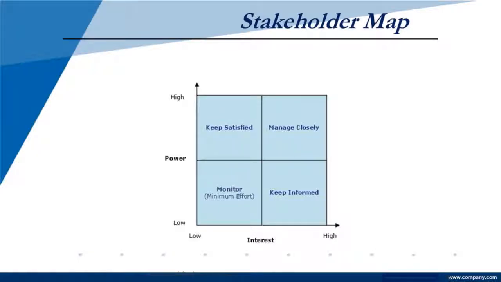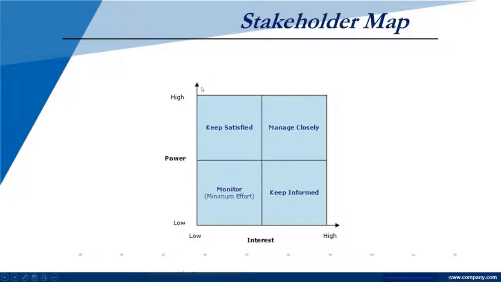Now here's a stakeholder map. Note that you have high and low interest, and low power down in this corner.